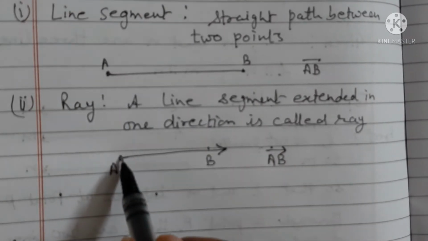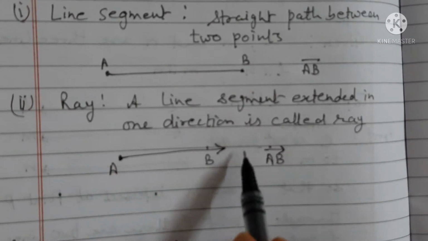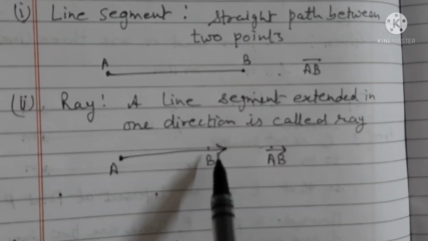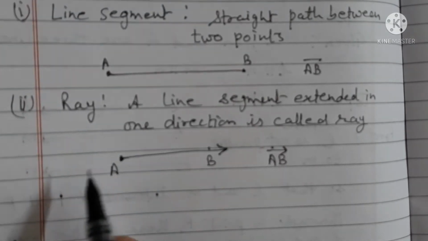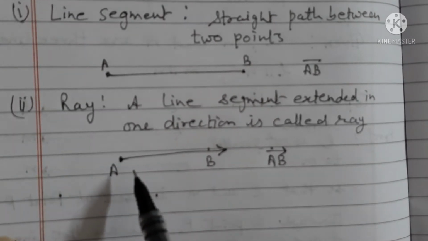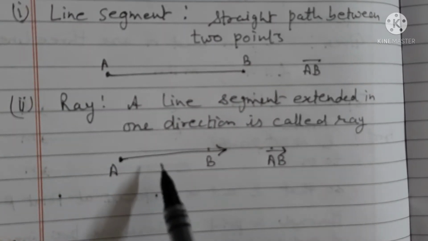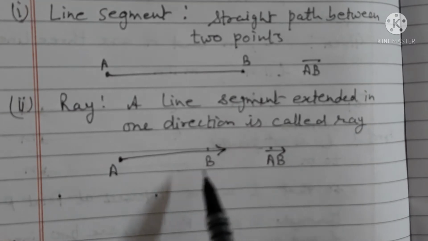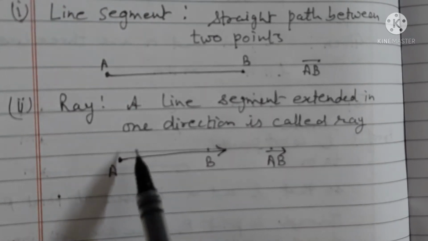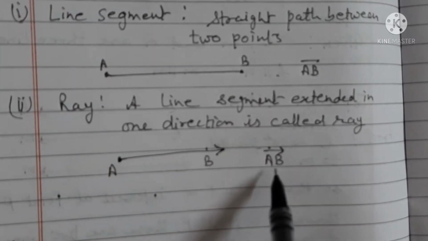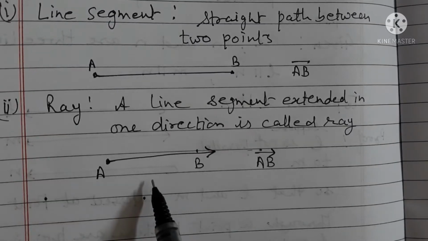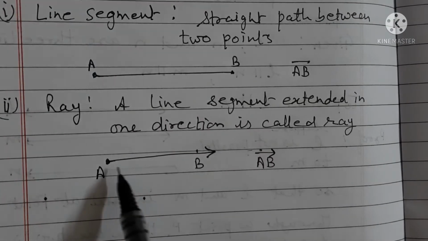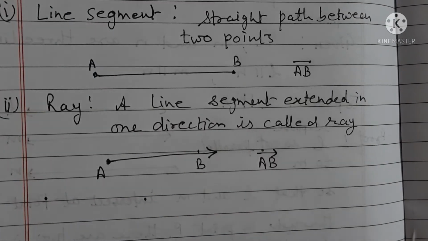It has one end point and you can't measure the length of ray, and you cannot draw a ray. You can only represent it on the paper, not draw it.